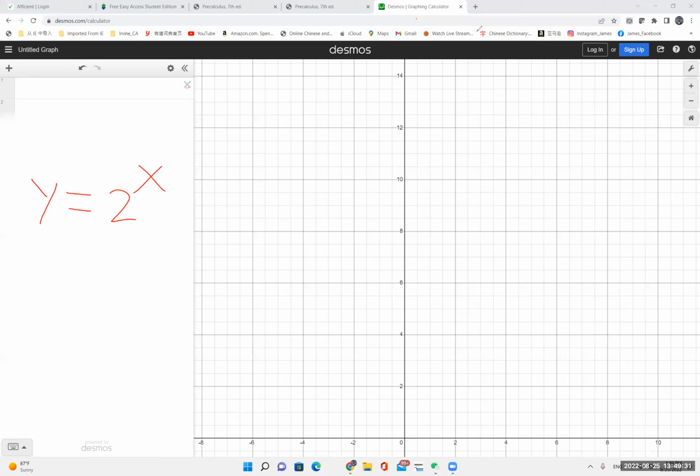y is equal to 2 to the x. So let me ask you, what should be the y-intercept for this function? The y-intercept is a point. So you should tell this point: when x equals what, the corresponding y is what?